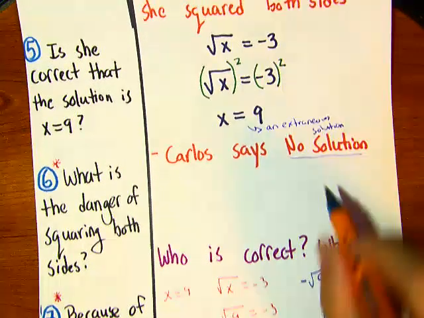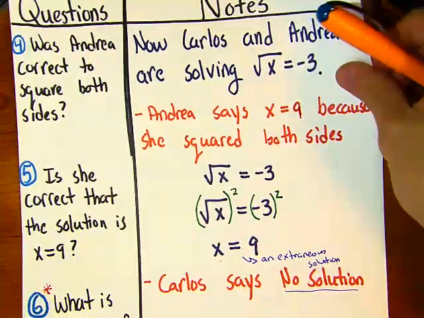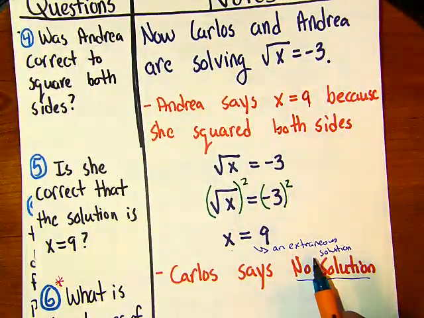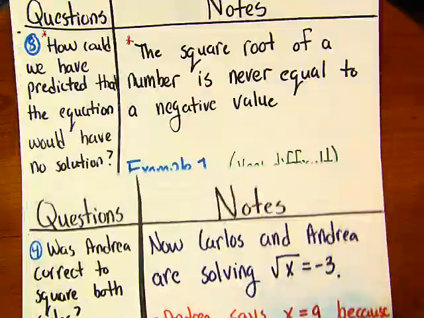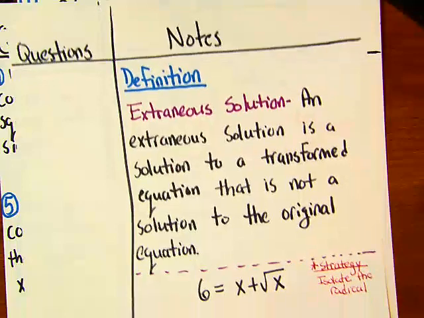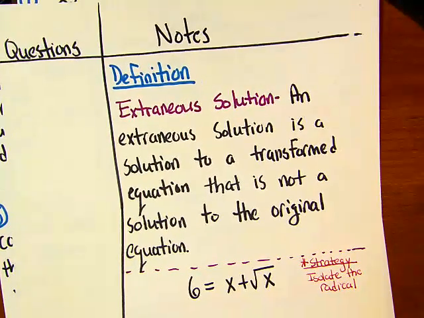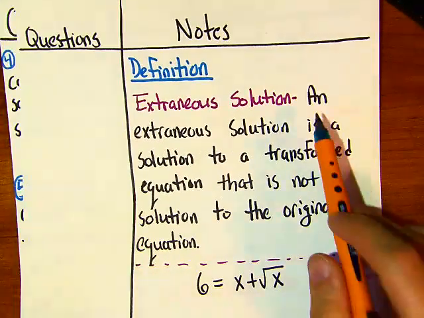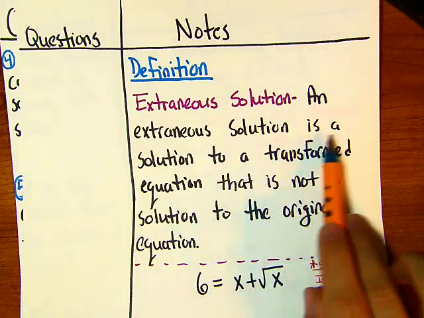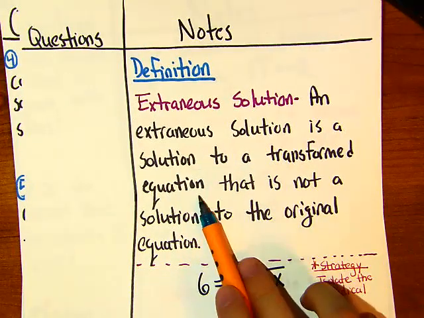And just to go back a little bit on this, if you don't have the definition for extraneous solution in your notes, I have it over here. So please have this in your notes if you don't have it. But an extraneous solution is a solution to a transformed equation.